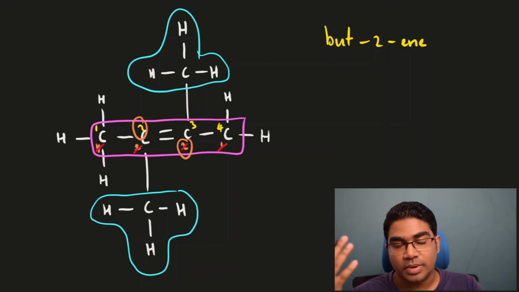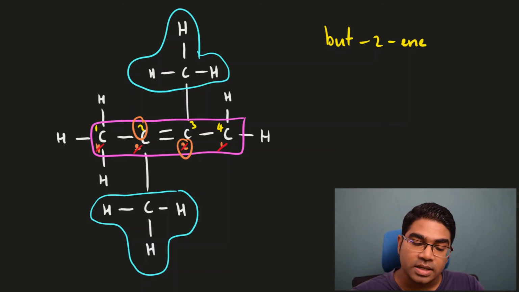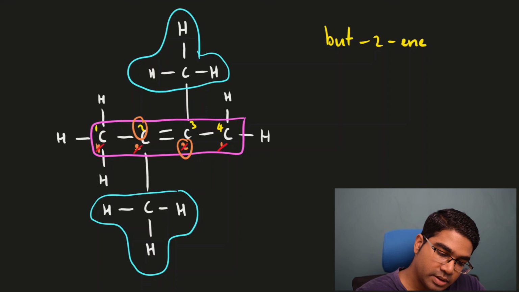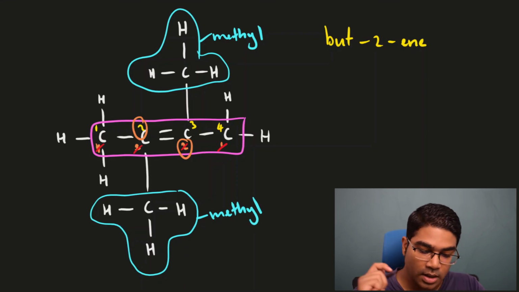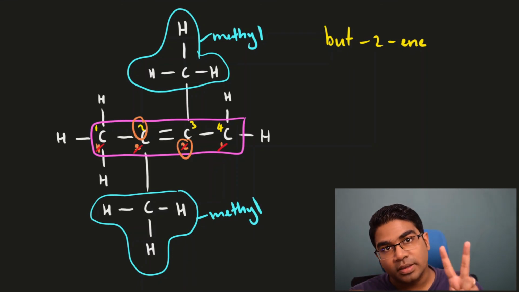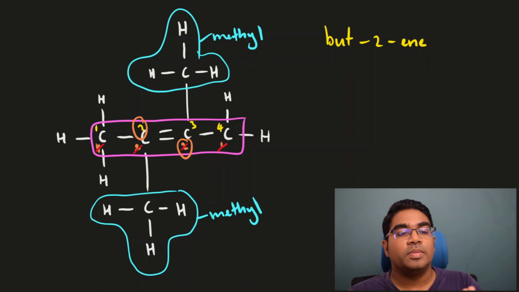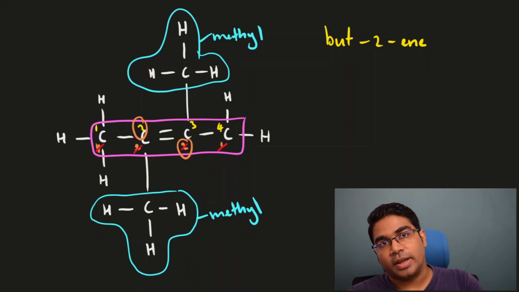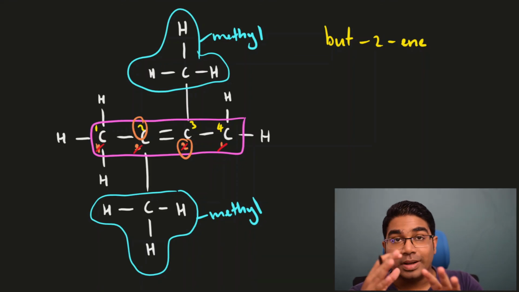Then we go to the branches. We have 2 branches here. Both are methyl branches because they only have 1 carbon. Now we have to look at the position. When we have 2 methyl groups, we must call it a dimethyl. When there are 3, we call it tri. So this is 2, we call it dimethyl.